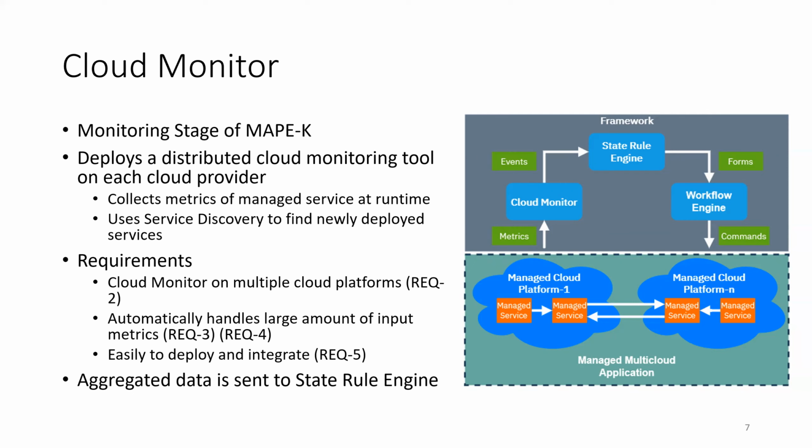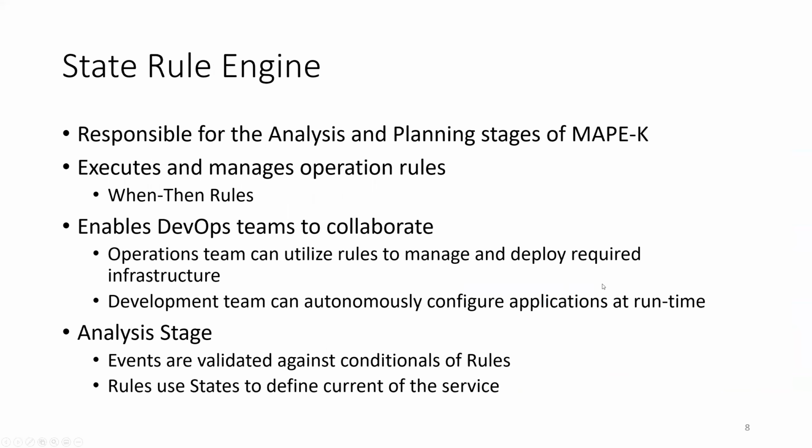So the events from the cloud monitor are sent to the state rule engine. The state rule engine is responsible for the analysis and planning stage of the MAPE-K loop. It is used to execute and manage operational rules. These rules are composed of a set of when-then rules. So when a condition occurs, then perform a consequence or actions.